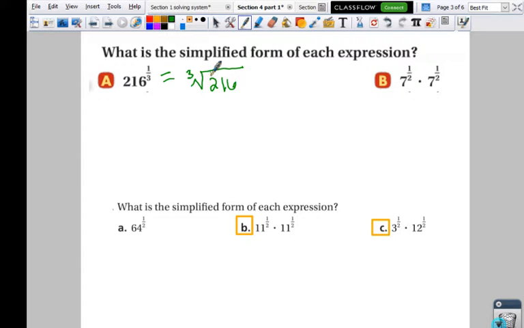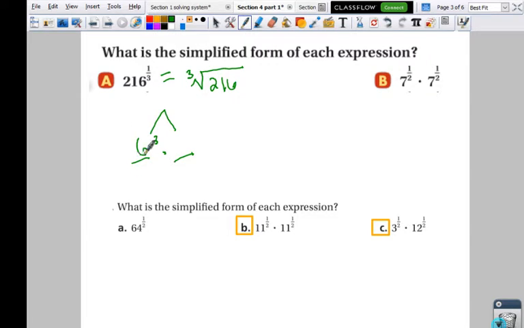So I can change this around now and say, let's find something to the 3rd times something else that equals 216. We've done that before. All right, Devin, what do you get? What to the 3rd? 6.